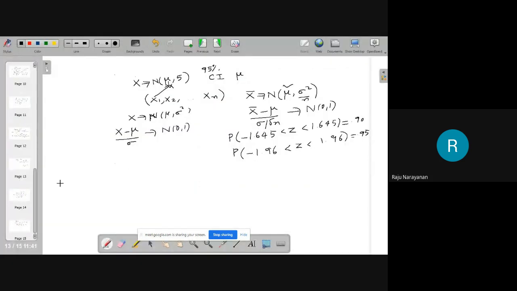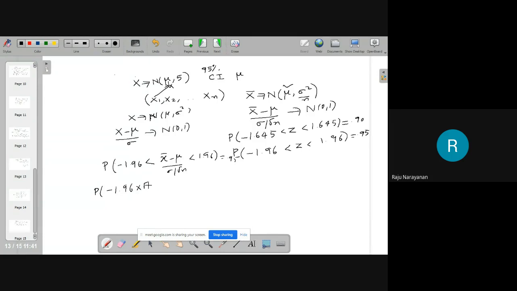Now you have all the ingredients with you. That is, the probability that minus 1.96 less than (X bar minus mu) by sigma by root n less than plus 1.96 is 0.95. You multiply by sigma by root n. What is sigma?